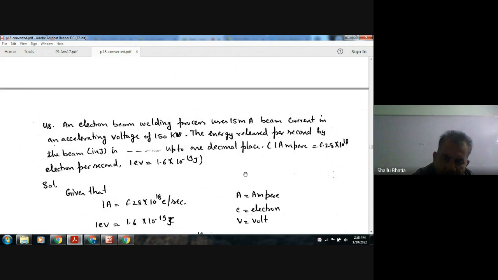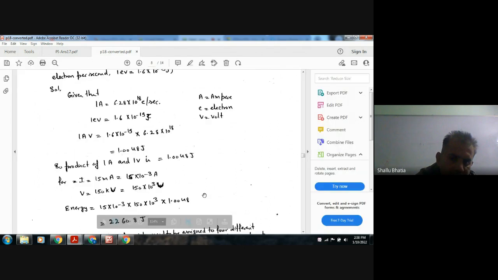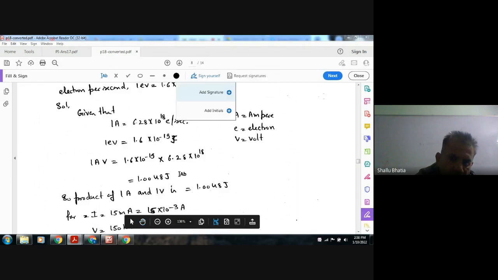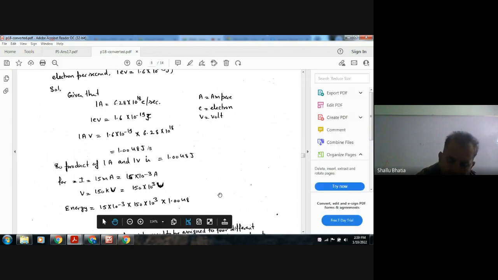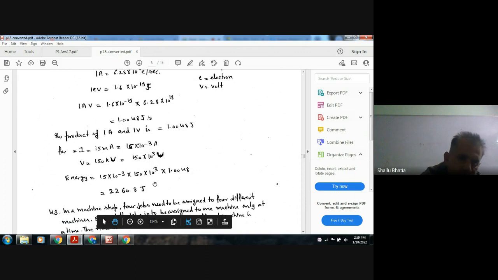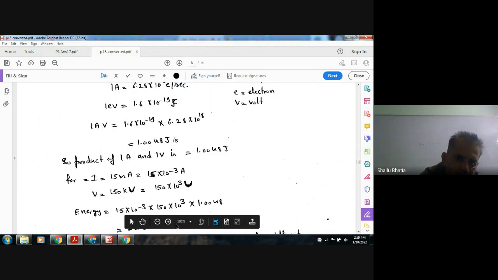Here you can write it also like this, equal per second. And here again we can write energy in joule per second.